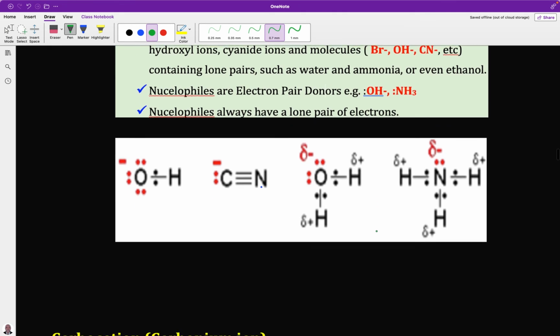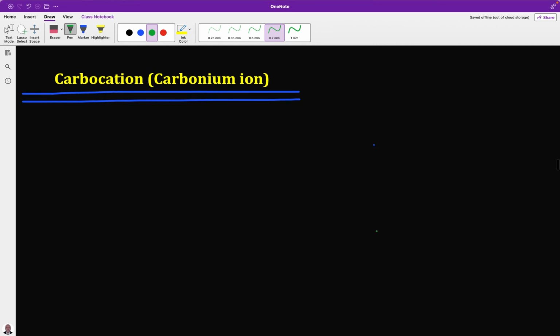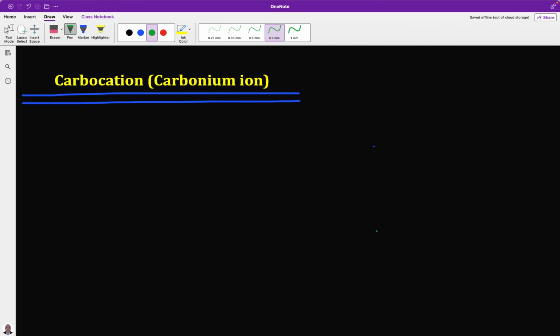It moves us to what we call the carbocation. This is another concept that will be used in the course of our organic reaction mechanism. A carbocation. What do you understand by a carbocation? The word carbo has to do with carbon.